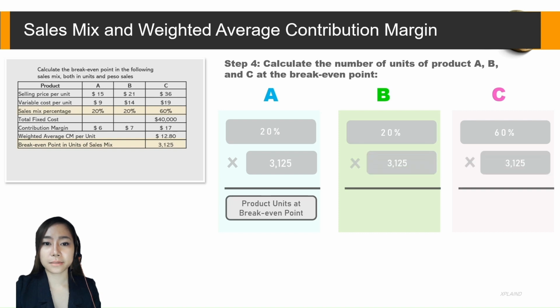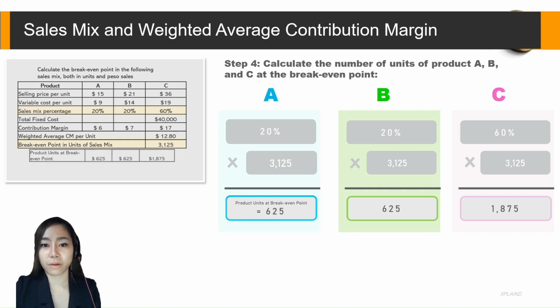So A is 625, B is 625, and C is 60% of 3,125, which is 1,875 product units at break-even point.